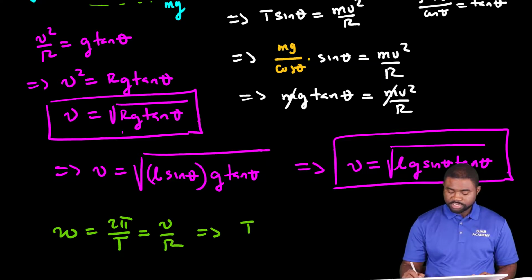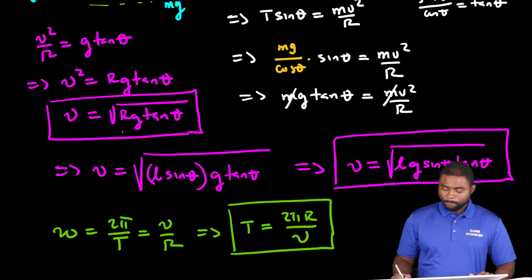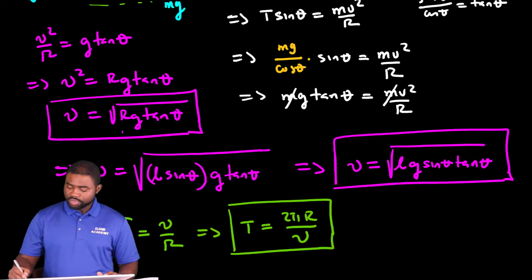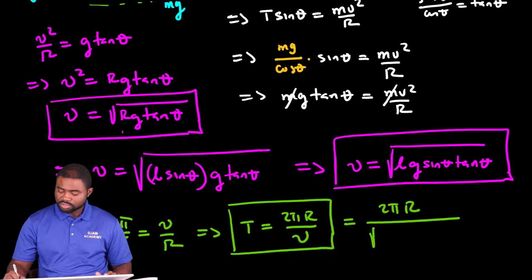This implies that T will be equal to 2 pi r all divided by v. This is the expression for the period. In other words, this is equal to 2 pi r divided by the square root of rg tan theta.